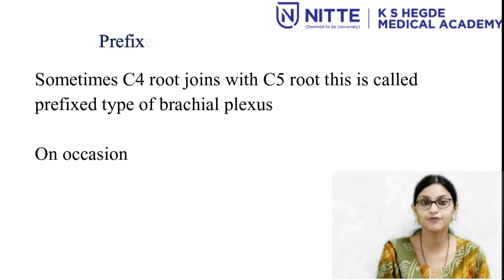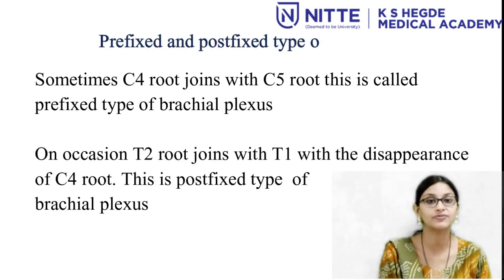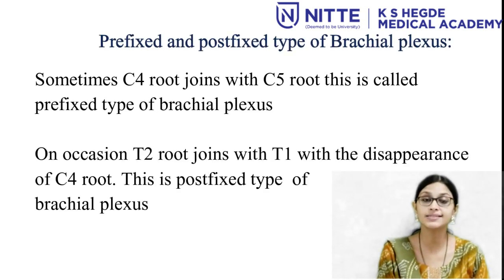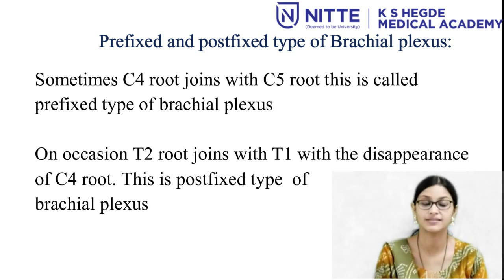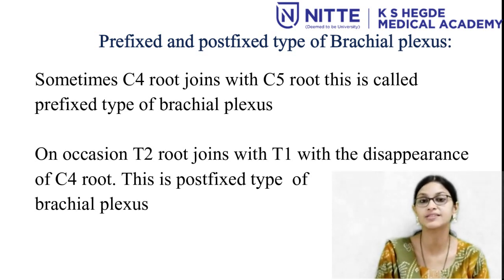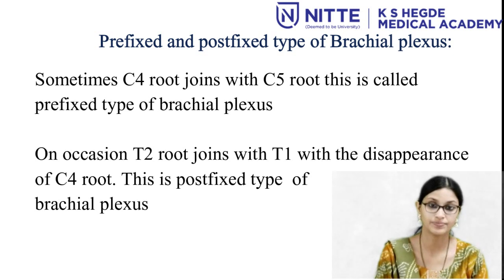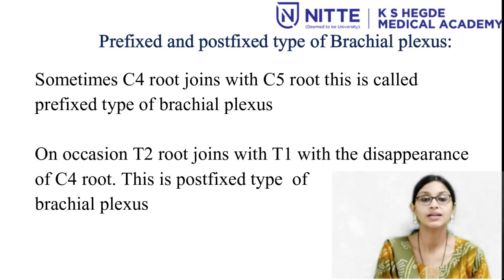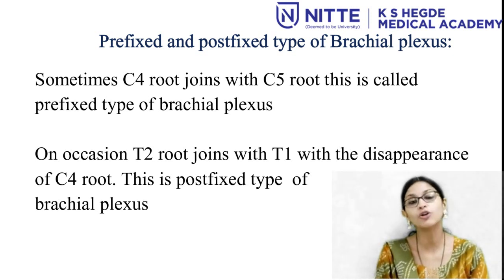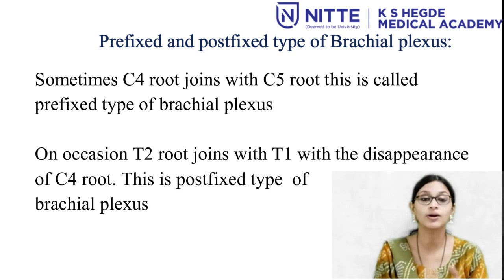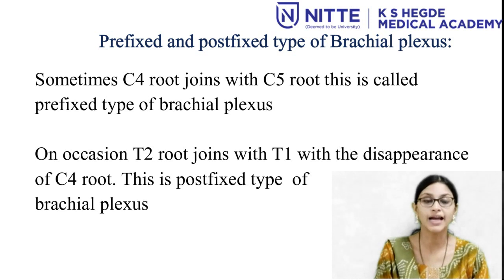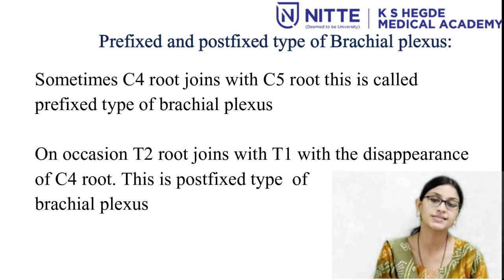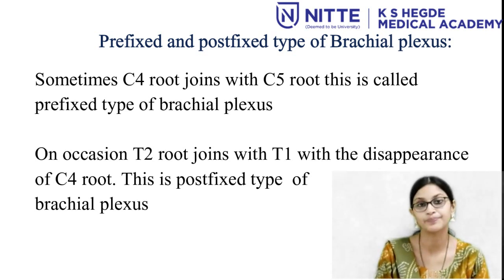Sometimes the C4 root will join together with C5, and this type of formation of brachial plexus is called the prefixed type of brachial plexus. On occasion, T2 may contribute to the formation. It joins with T1, and in such a condition, the type of brachial plexus formed is called the post-fixed type.